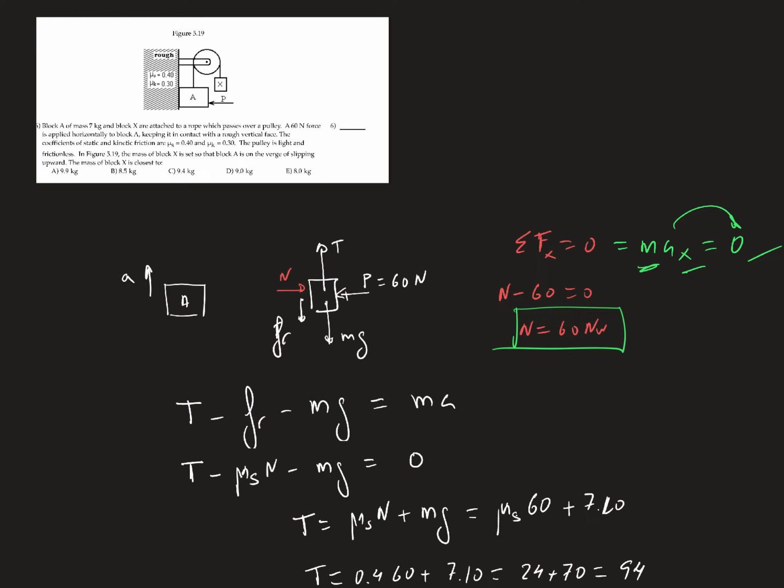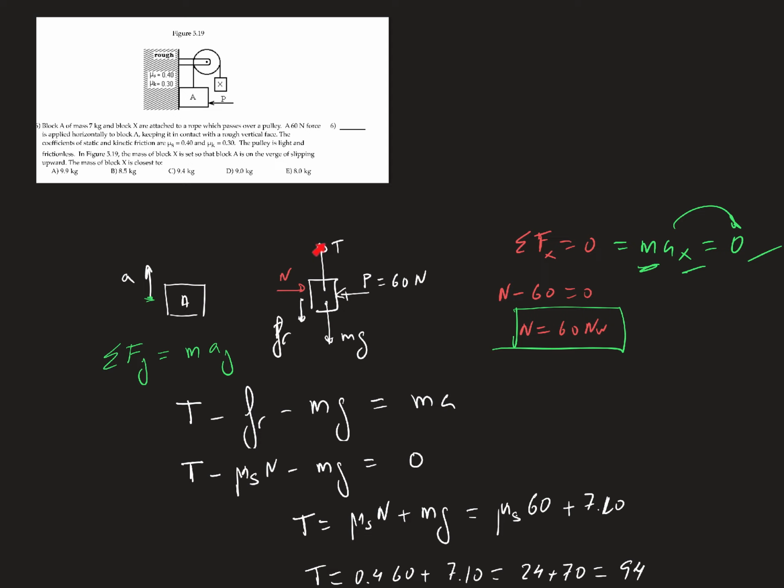Now I'm going to apply Newton's law in the y direction. The sum of all the forces in the y direction is the mass times the acceleration in the y direction, and the acceleration is going upward, like I said at the beginning. So what are the forces acting on the body in the y direction? I will choose the positive direction as the acceleration going up.